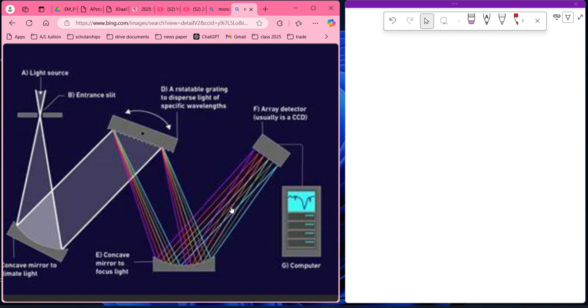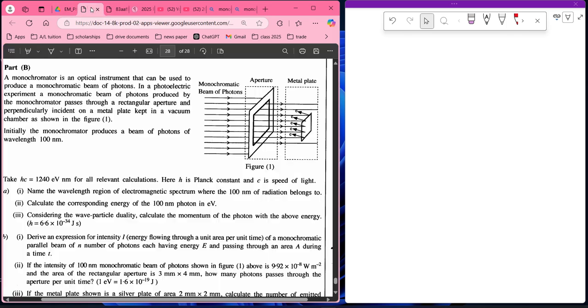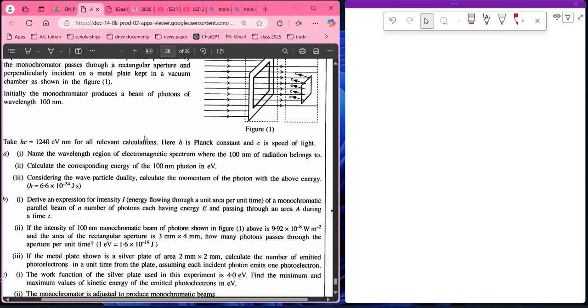So the monochromatic beams are these, and this setup overall is a monochromator, and this helps in identifying various experimentations conducted within the photoelectric effect. Let's not go in depth with this mechanism, but directly move on to what the questions are.